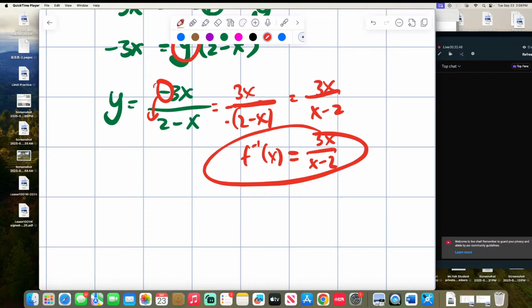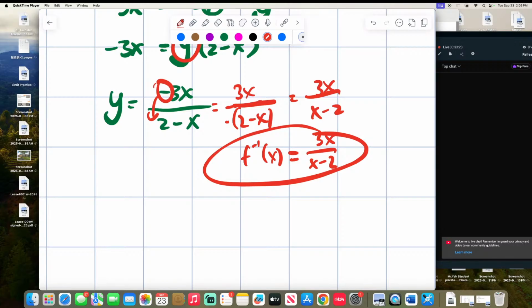In multiple choice, answer choices usually prefer fewer negative signs. That's just a tendency, so it's more likely to be 3x over x minus 2. But you could possibly see negative 3x over 2 minus x, and you have to recognize they are the same. Did that make sense?